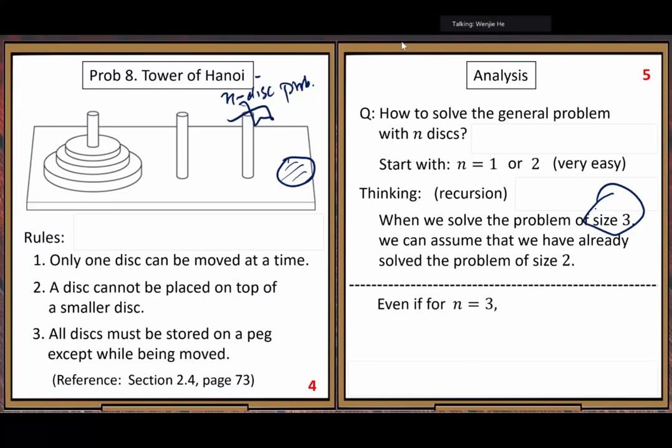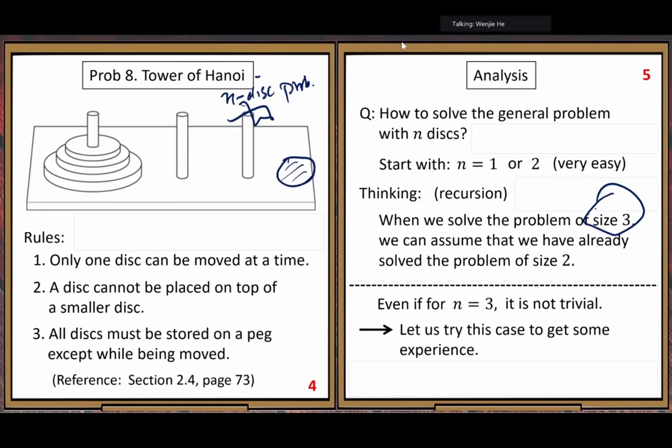let's consider the size 3 problem, n equals 3. So this time, we need to work on it, right? Because solving a relatively hard problem only in our mind, it's very hard to keep track of the data, right?